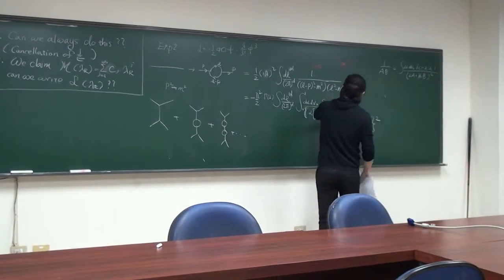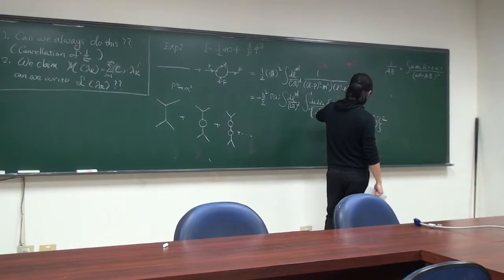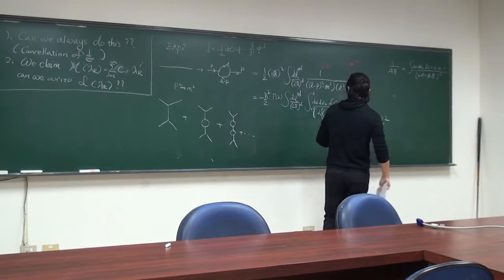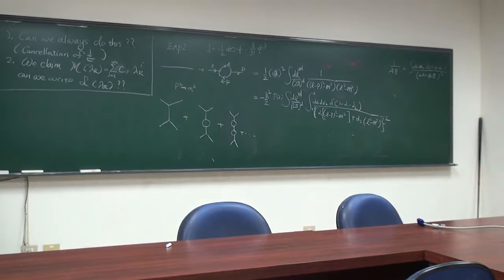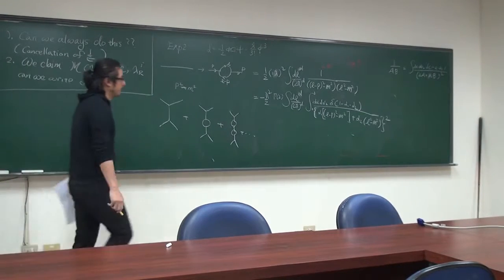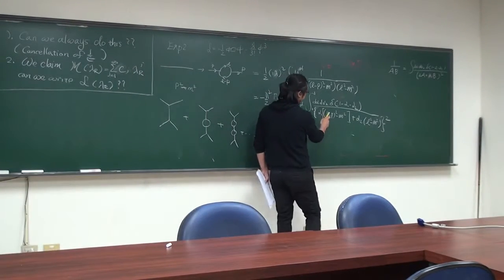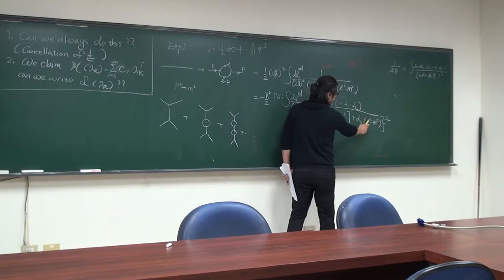So since alpha 1 plus alpha 2 is equal to 1, we can actually simplify this denominator a little bit. Let me just use a different color. Obviously there's going to be L squared times alpha 1 and L squared times alpha 2.